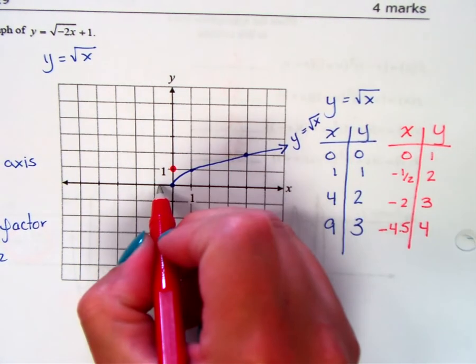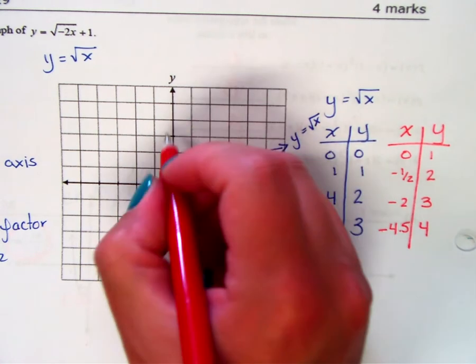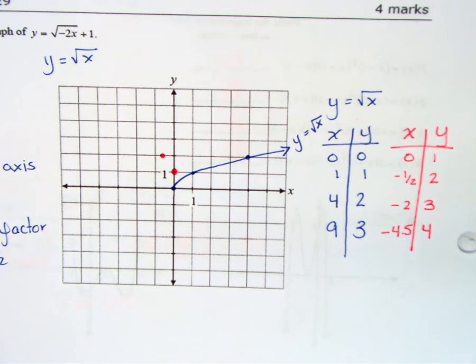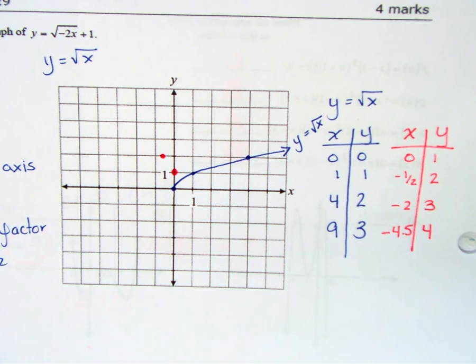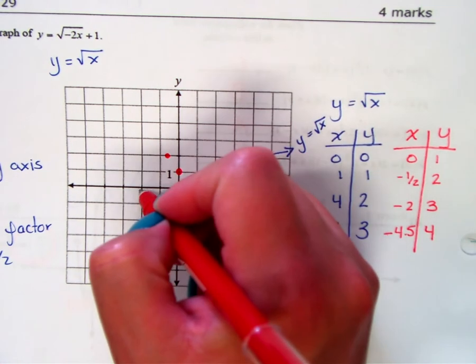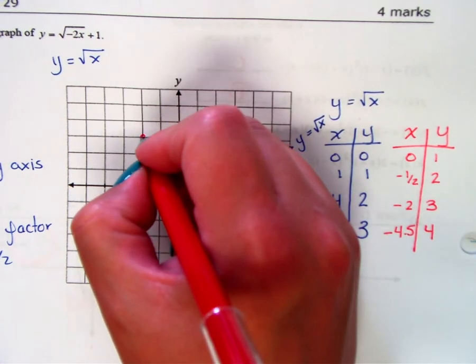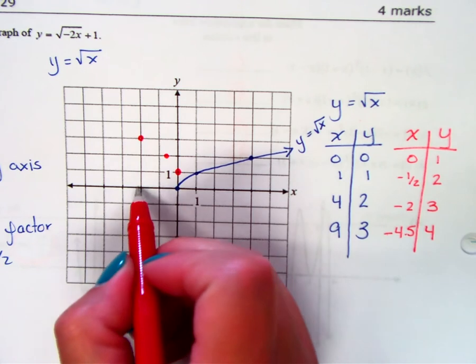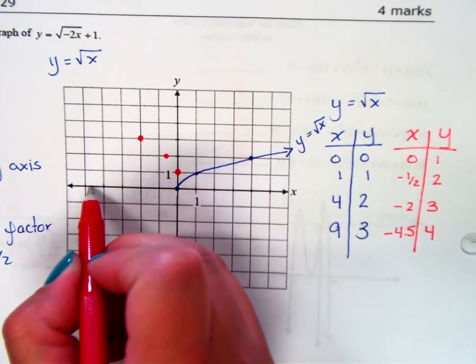1 and negative 1/2 and 2. And don't forget there's going to be a bubble in between those 2 points, right? Okay, what's next? Negative 2 and 3. Negative 4.5. 1, 2, 3, 4, 4.5.